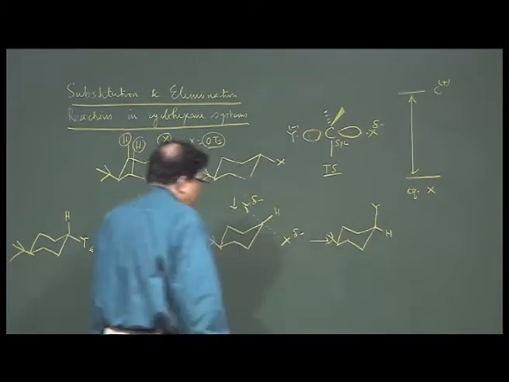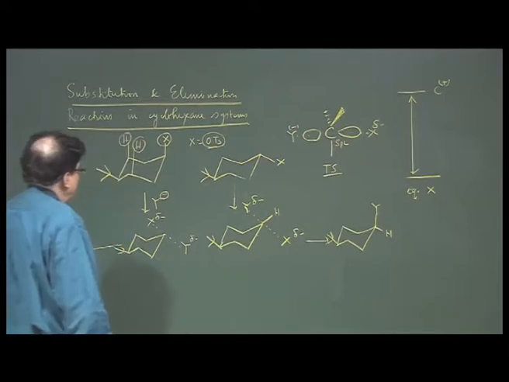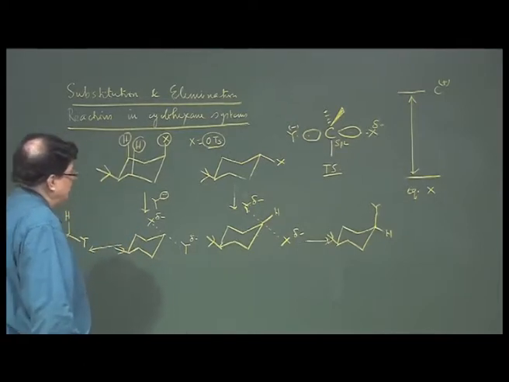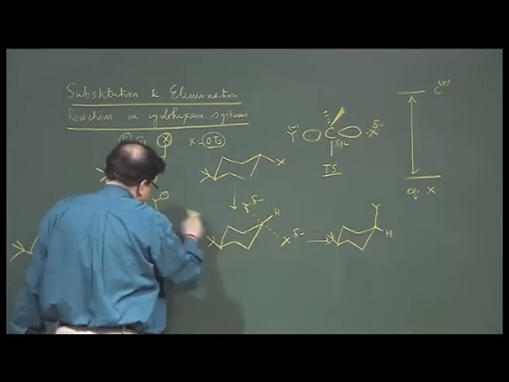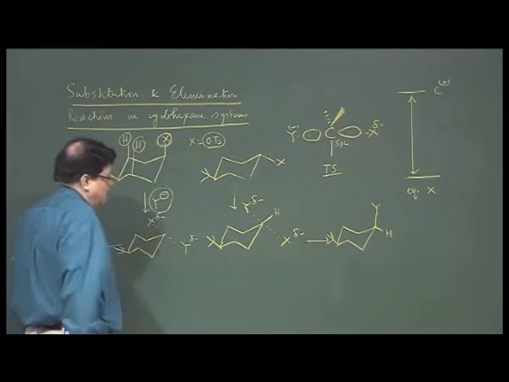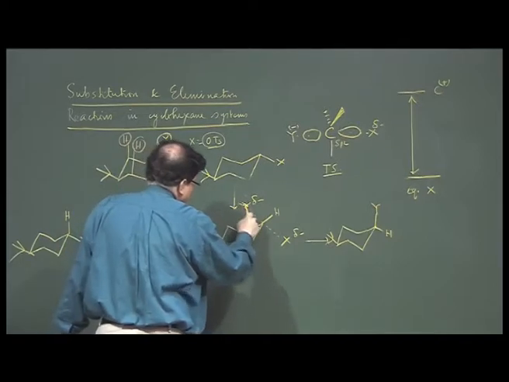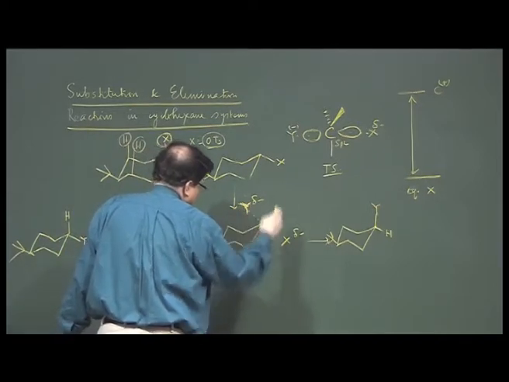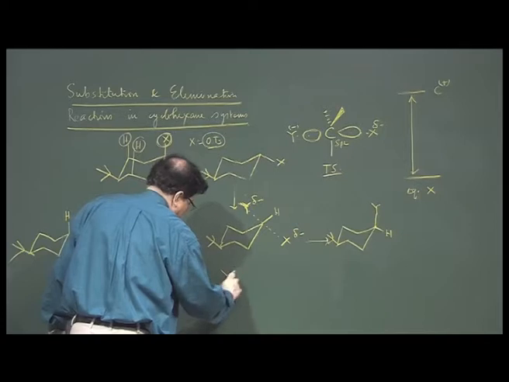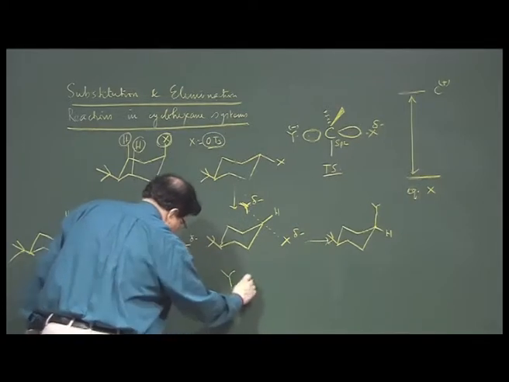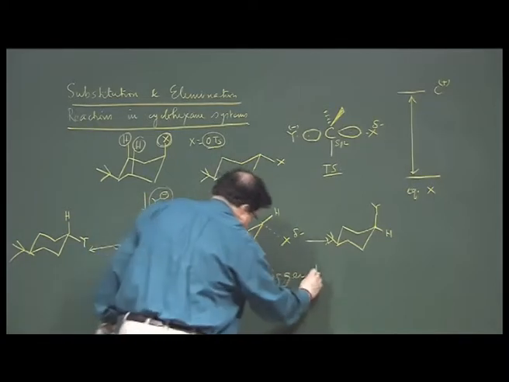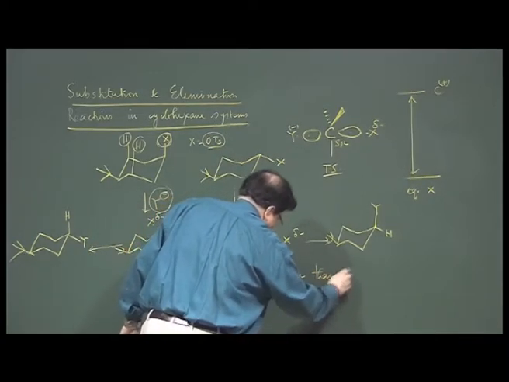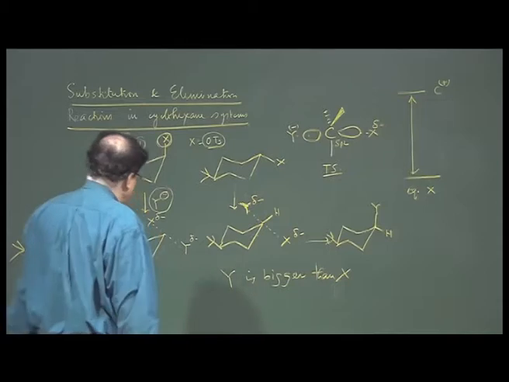Okay. Now, the question is which one will react at a faster rate. That depends on the relative size of X and Y. Okay. If the size of Y is bigger than X, then what happens?